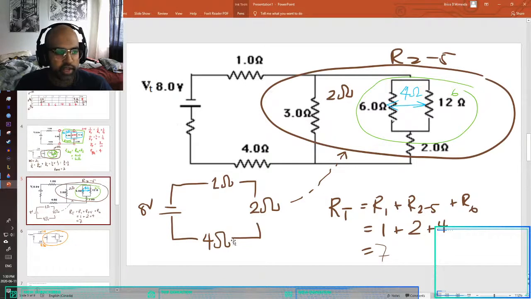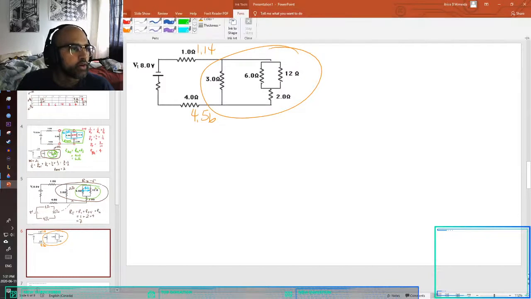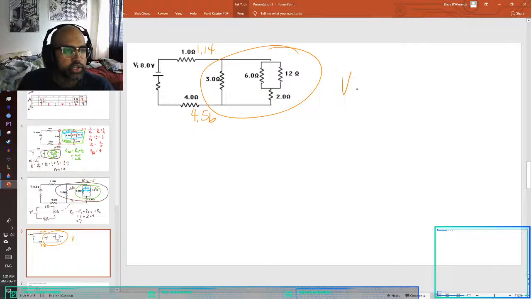Another way to think about it is this 2 ohm resistor gets the remainder of the voltage that's left after the 1 and the 4 take it. Well, obviously not in that order, but we know what they take. So to find the voltage from 2 to 5, the voltage 2 to 5 is equal to the total voltage minus the voltage of number 1 minus the voltage of number 6, because this was the overall series circuit.